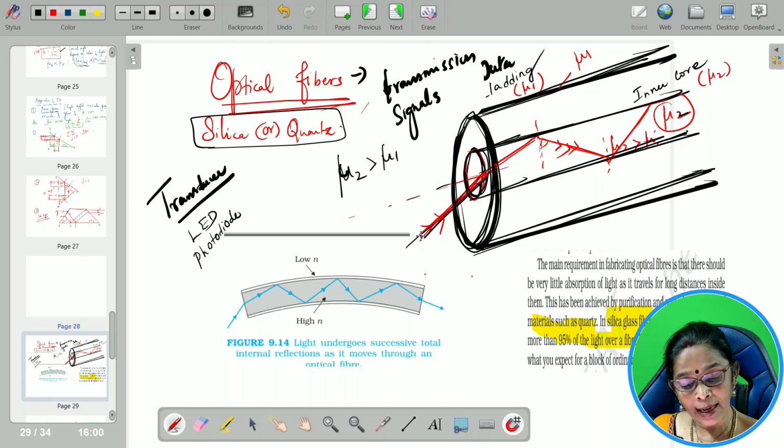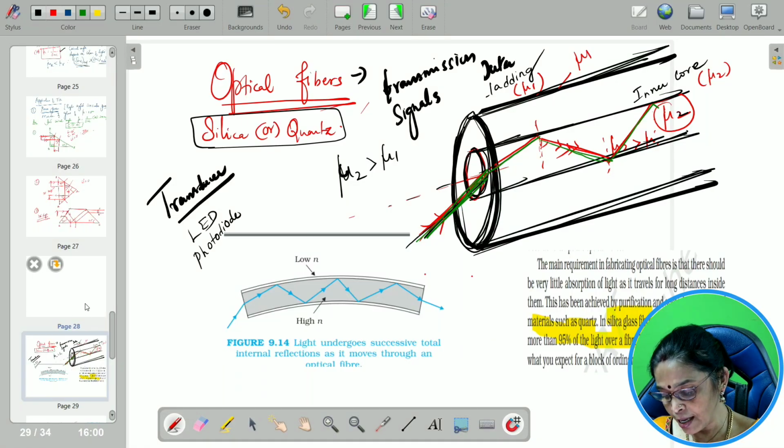Now the light signals from air fall on the core directly, because the light has to travel into the denser medium, then only TAR is possible. Into the denser medium, it hits at an angle greater than the critical angle. Therefore, TAR takes place multiple times, and then signals are sent to the receiver end.